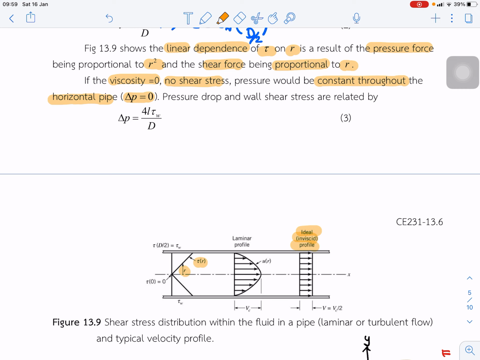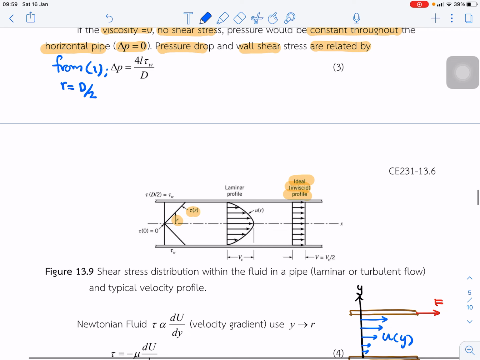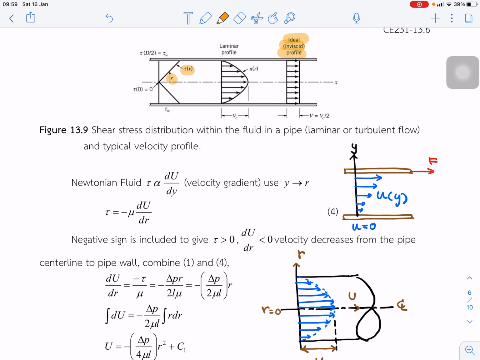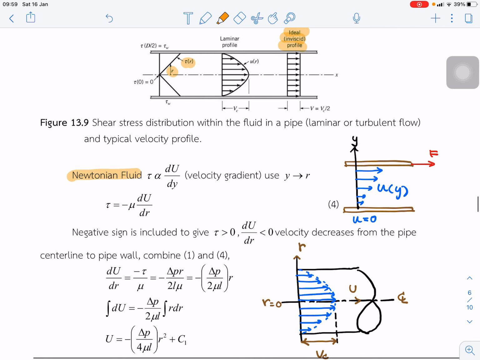Next, the pressure drop and wall shear stress are related by this equation. It is from equation 1, and it assumes r equals d over 2. Then next we apply the Newtonian fluid relationship between shear stress and the velocity gradient.